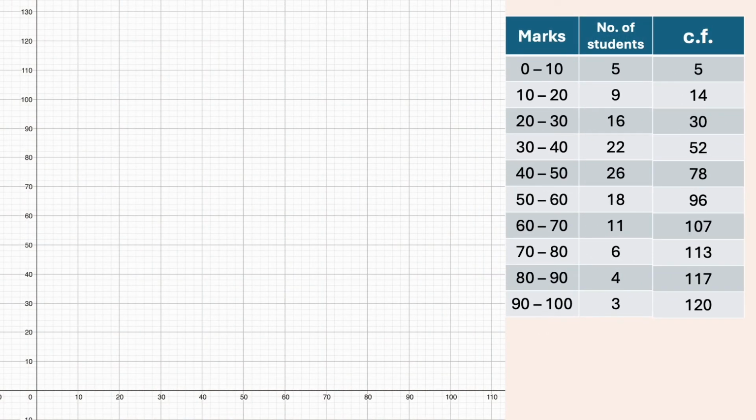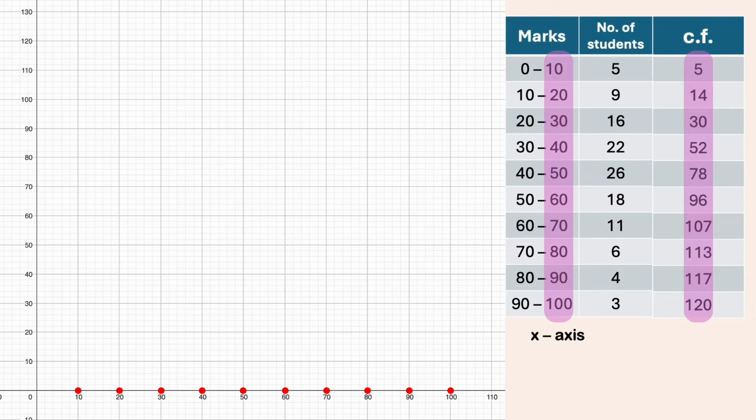Now once we have cumulative frequencies, we need to take all the upper limits of class intervals on the x-axis and the corresponding cumulative frequency on the y-axis. So we need to accommodate the marks from 0 to 100.